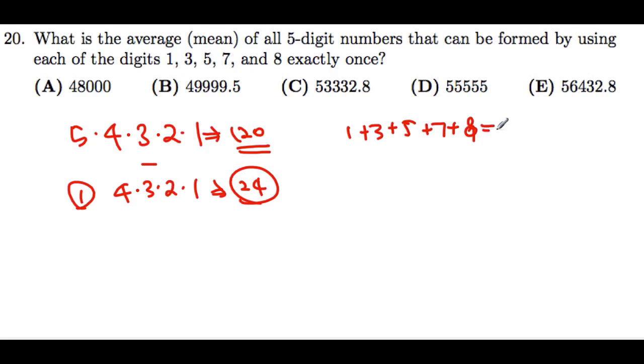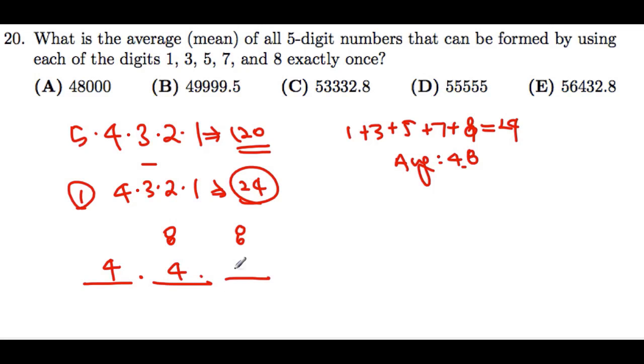When you add them up, we get 24. So therefore the average of each digit would be 24 divided by 5, which is 4.8. Now, that means the 5-digit number, this one would be 4.8. Notice how I'm going to write it, 4.8. Since it's not quite a whole number, the 8 has to go to the next digit. But the second digit will be exactly the same as the first digit, so the average of the digits would be 4.8.